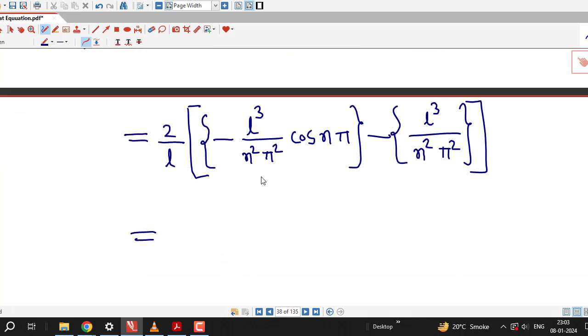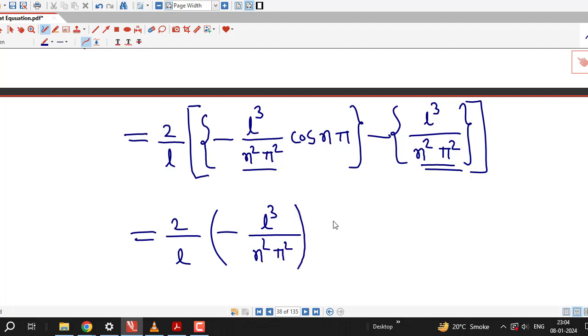And now we can see we have L cube divided by n square pi square with negative sign is common. So let me take it common. Here I am writing minus L cube divided by n square pi square, and if I take minus L cube divided by n square pi square, I am left with cosine of n pi, that is minus 1 raised to n, and here I am taking this common with negative sign, so I am left with 1.